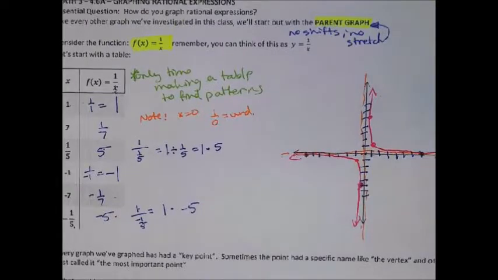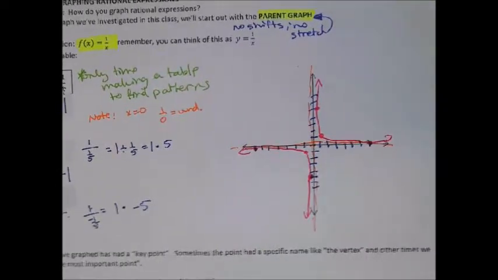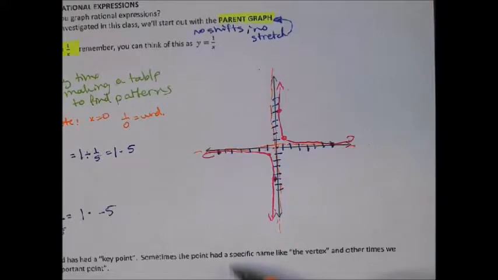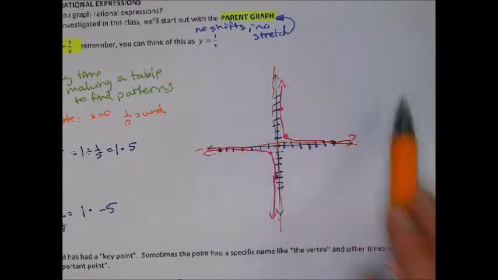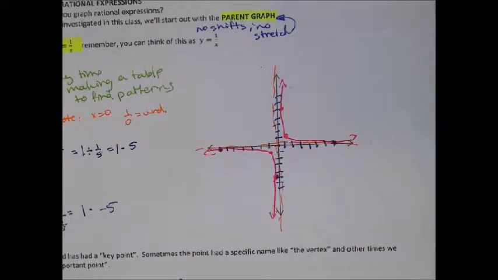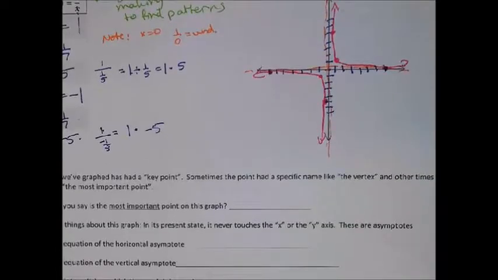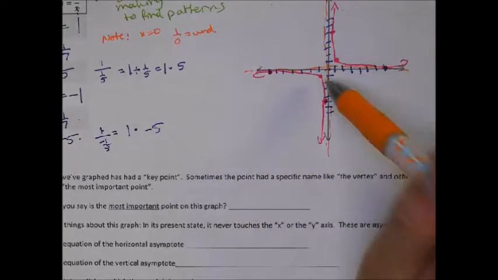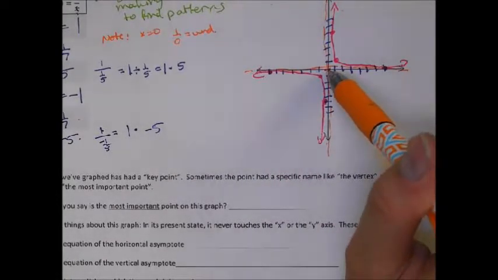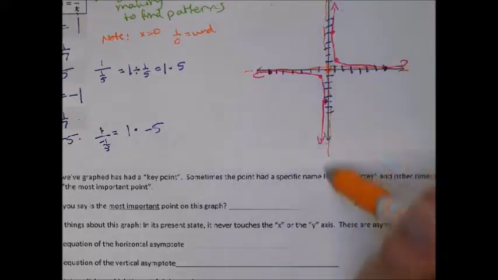So let's make notes to ourselves. Down here, we're going to make some notes, to see what our key things are about this graph. Every graph we've graphed has had a key point. Sometimes the point has had a specific name like the vertex. Other times we've just called it the most important point. So for us, our most important point is 0, 0, and that's because that's where we know our asymptotes cross.